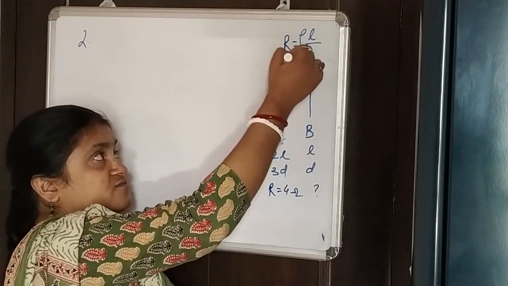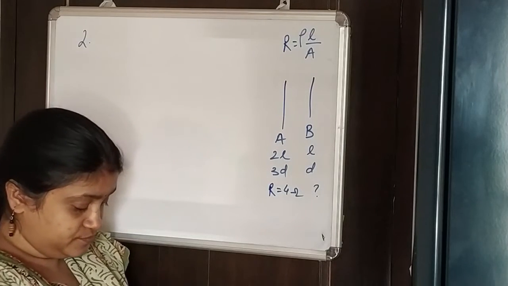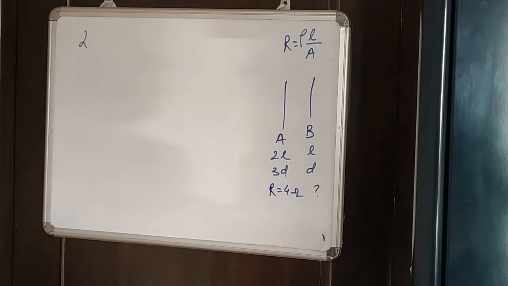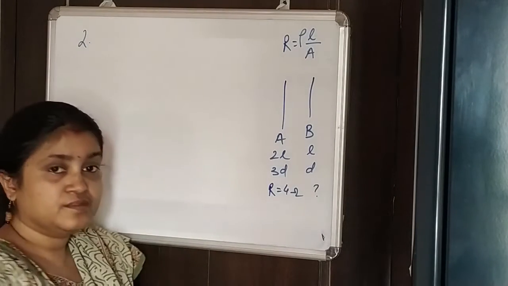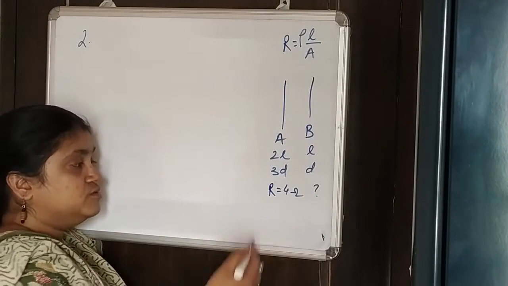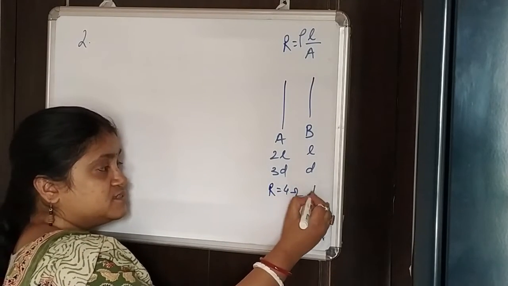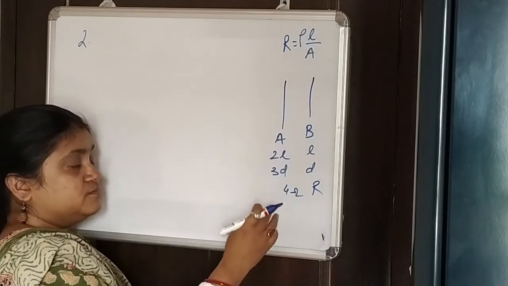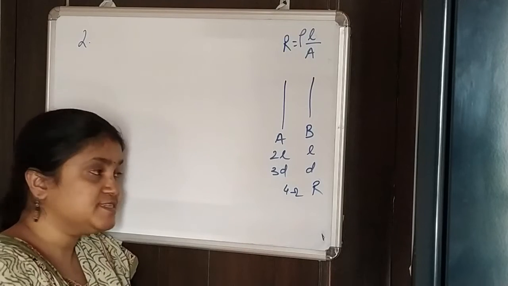We know the resistance formula R is rho L by A. So now let's suppose that the resistance for the first wire, that is for A, is 4 ohm, which is given.